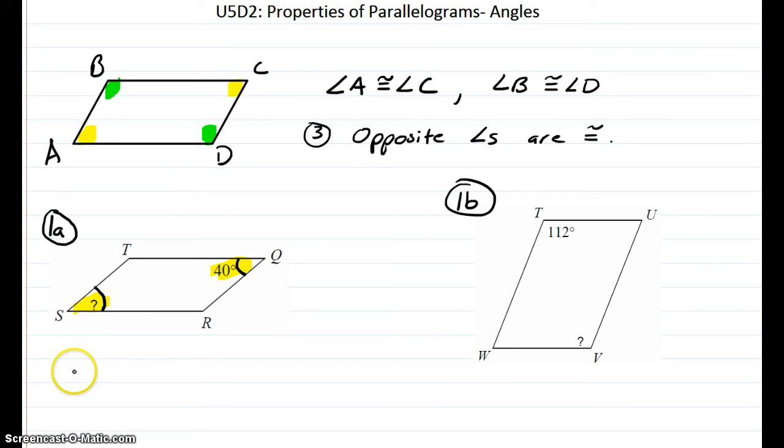So what we say is, now we write a little m with the angle symbol S. So the measure of angle S is going to equal the same as the measure of angle Q, because the opposite angles are congruent. So we know that the measure of angle S equals 40 degrees. Try 1B on your own, and again I want to see a geometric sentence as your answer.